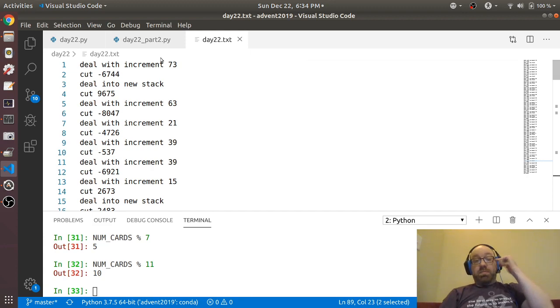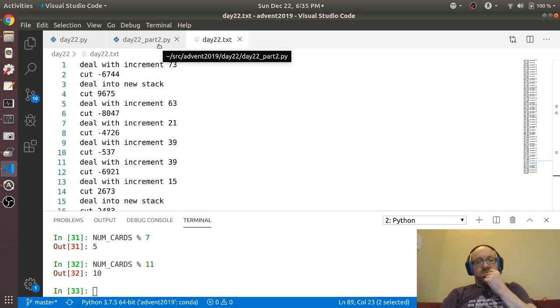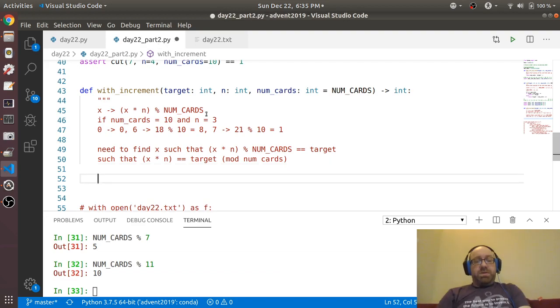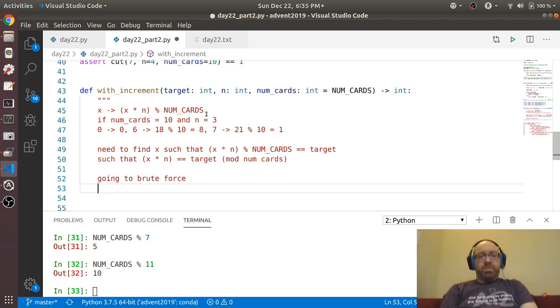So I'm just going to brute force this, I think. Okay, so I'm going to brute force this.